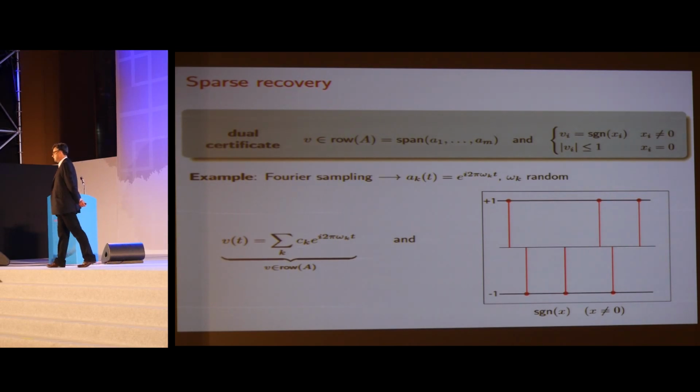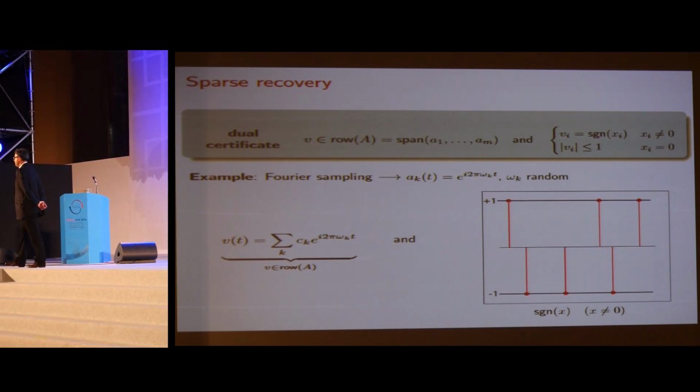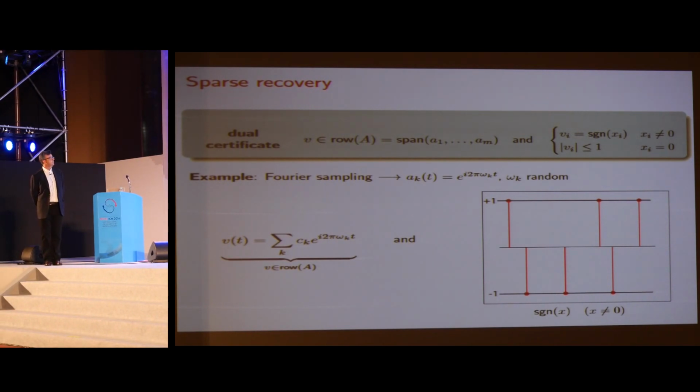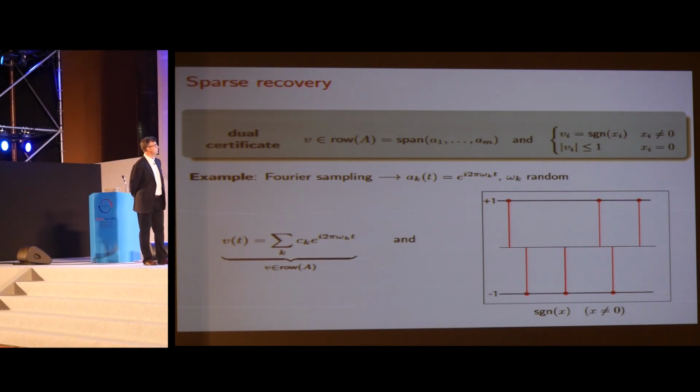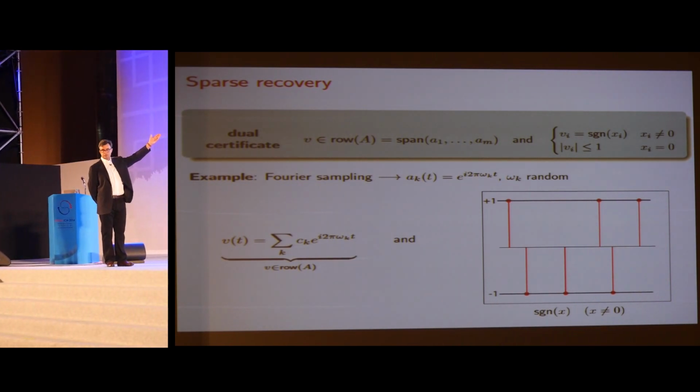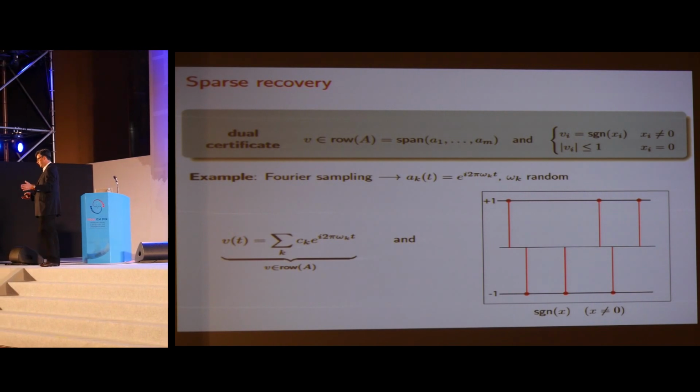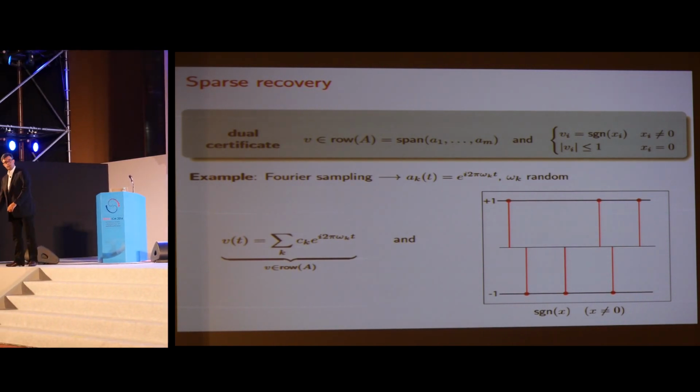It matches the sign where the solution is not 0, and it's less than 1 in magnitude everywhere else. So in the case of MR, when I actually see random Fourier coefficients, what I need to do is build a linear combination of the sinusoids. So I need to build a trigonometric polynomial which is sparse. It only uses those frequencies that have been measured.